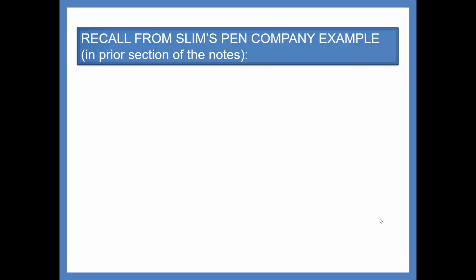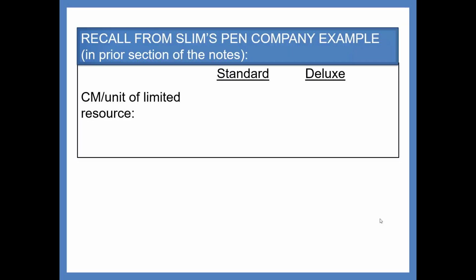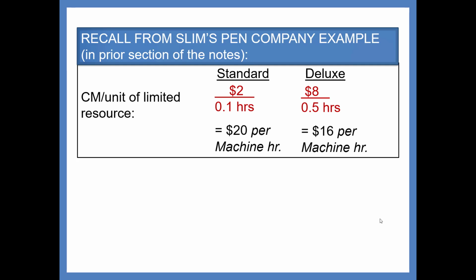To determine this, we will need to recall from the prior example that we had two models, the standard model of pen and the deluxe model of pen, and we found that the standard model had a contribution margin per machine hour of $20, and the deluxe model had a contribution margin per machine hour of $16.